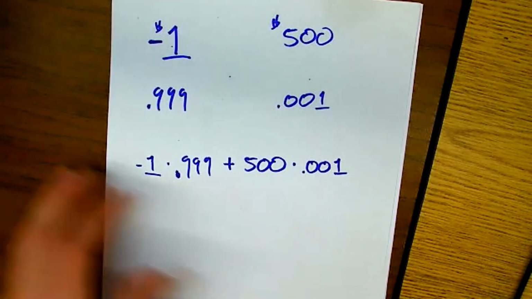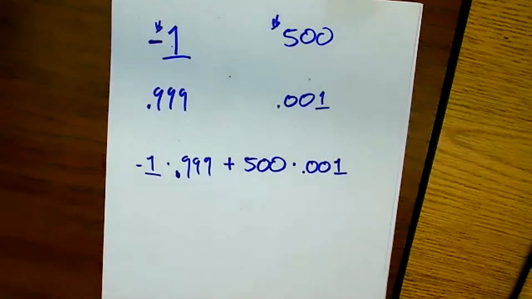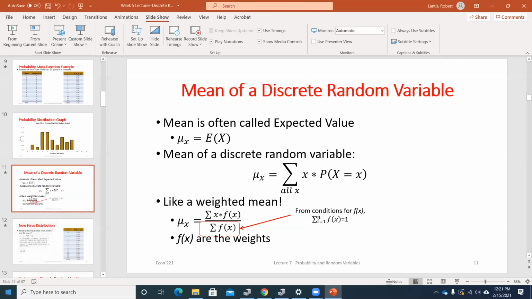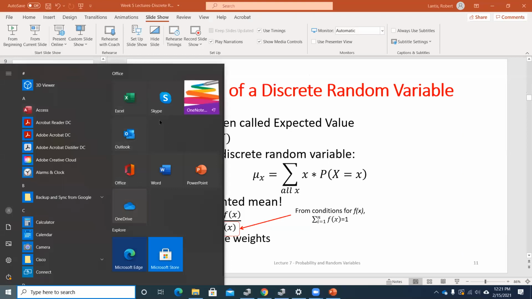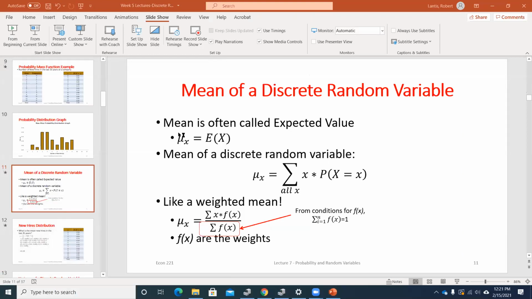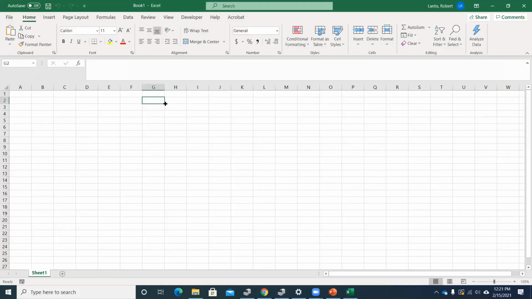If we work this out, I'm kind of interested in what it is. So I'll just pull up Excel real quick so I can do the math. So yeah, 0.999 times -1 plus 0.001 times 500.